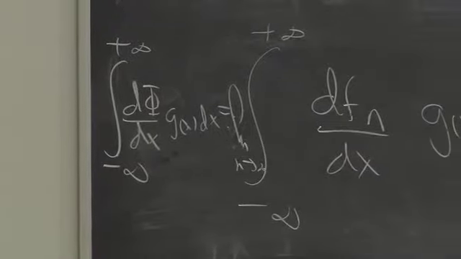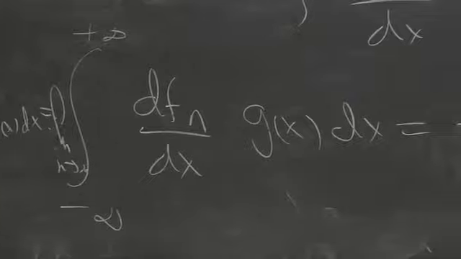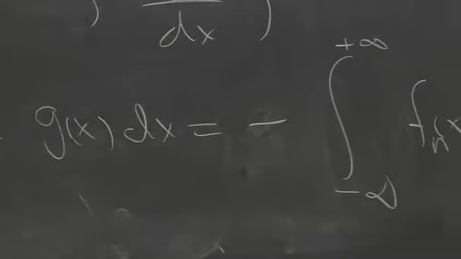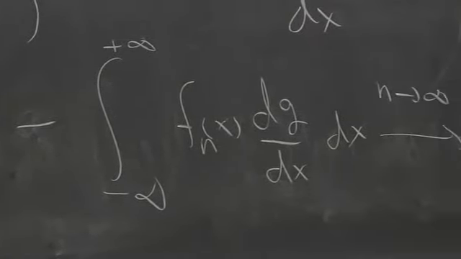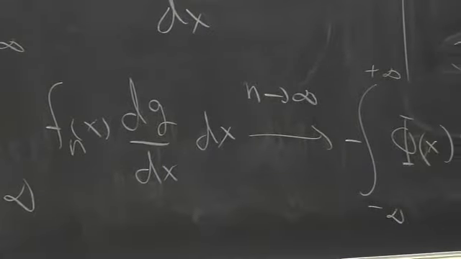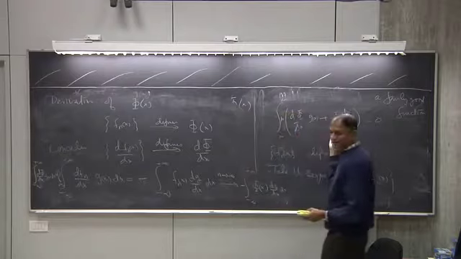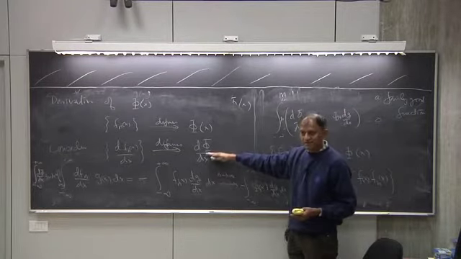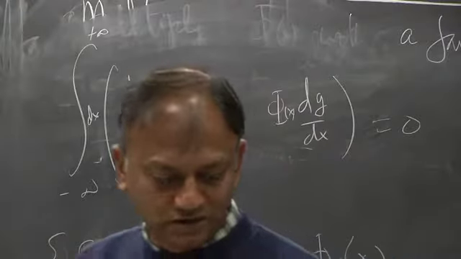In other words, if you put the two sides together, then what we are saying is that the integral of d phi by dx times g of x plus phi of x times dg by dx is 0, right? So what I'm trying to say is that this definition makes sense. So this is the notion of a derivative.